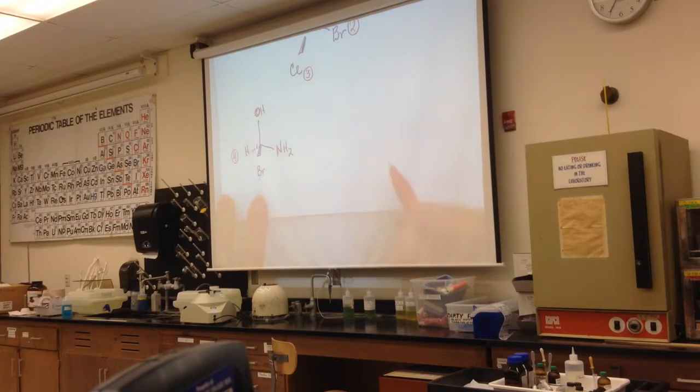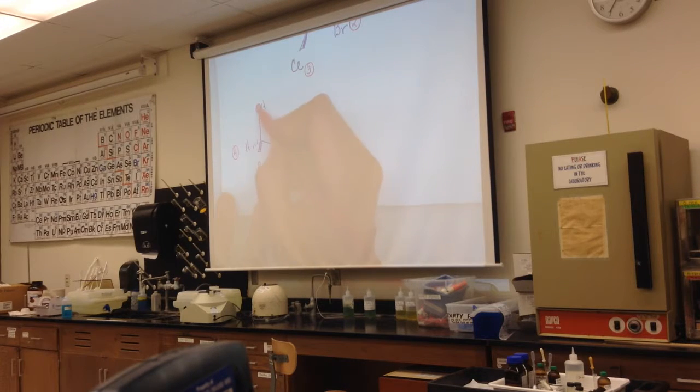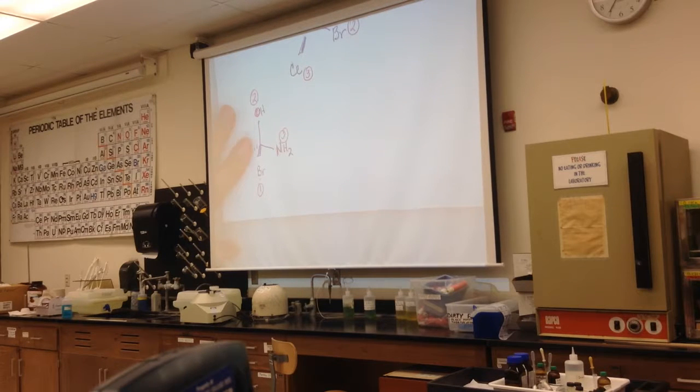Bromine is element number 35, so bromine is 1. Oxygen is element number 8, nitrogen is 7, so oxygen is 2, and then nitrogen is 3. Then I cover that one up, and I'm going that way, kind of like driving a car. I'm making a right turn. So this gets the letter R for the rotation.